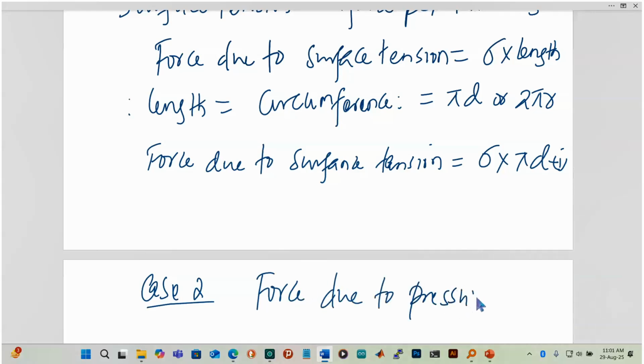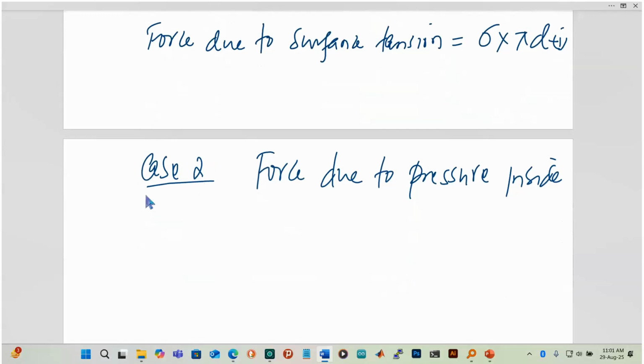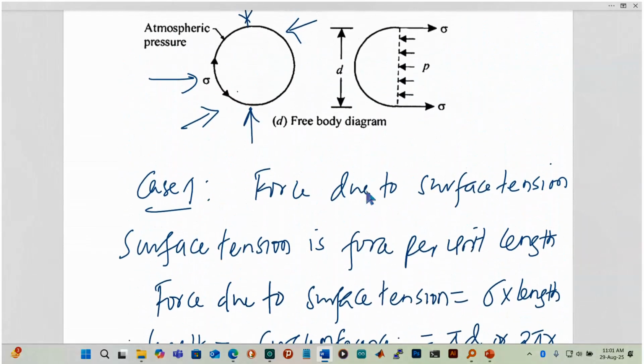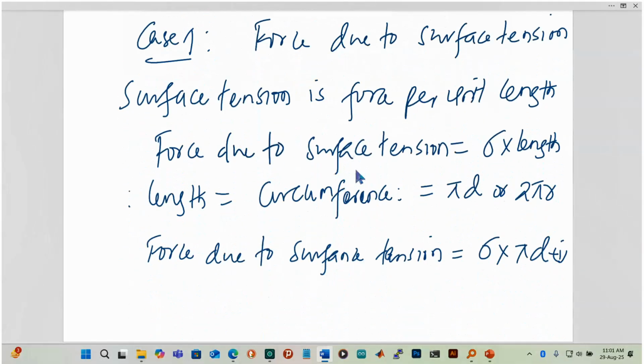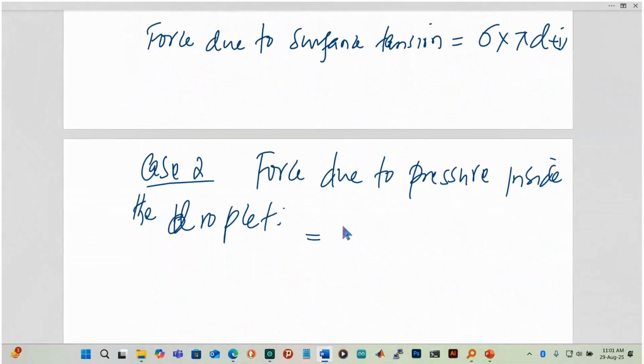Due to pressure inside the bubble, the water droplet. Inside the droplet. So this is going to be, again, we are talking about a circular object, and therefore this is going to be the pressure P times area.